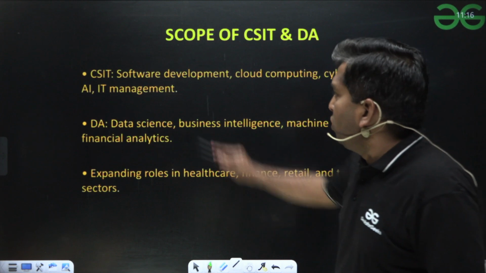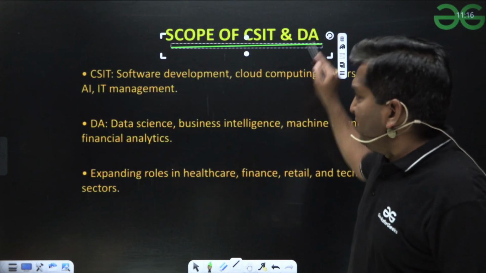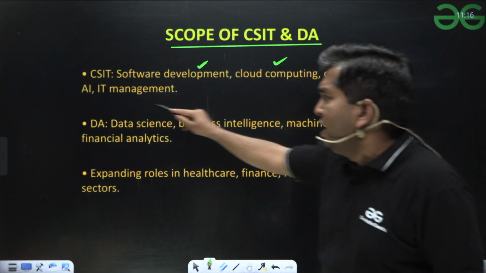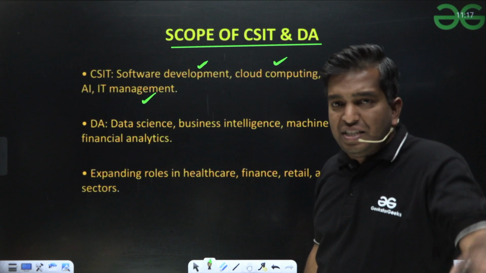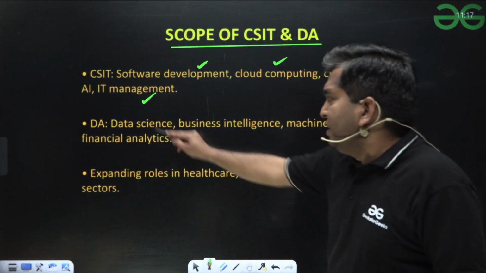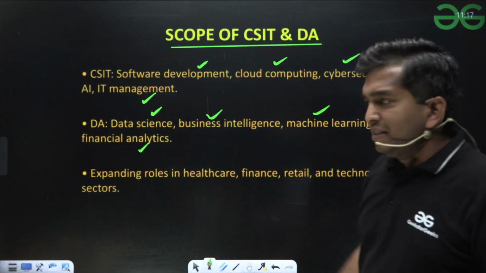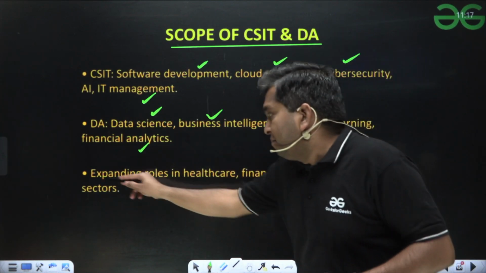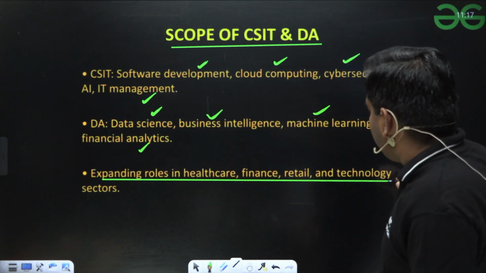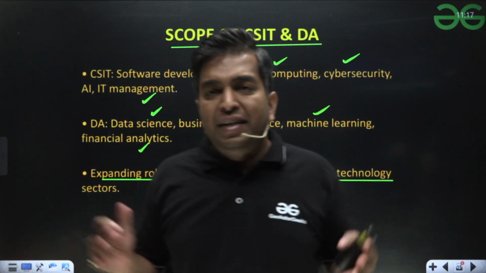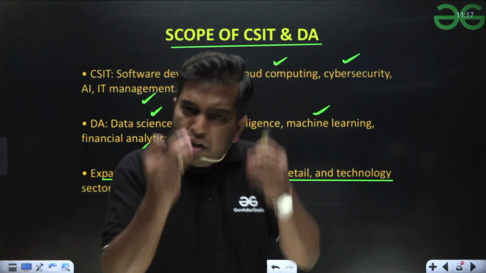And what is the scope of CSIT and DA? In CSIT you can go into software development, cloud computing, cybersecurity and IT management, and in DA, data science, business intelligence, machine learning and financial analytics, expanding in healthcare, finance, retail and technology. In today's time data science and AI are involved in so many fields.